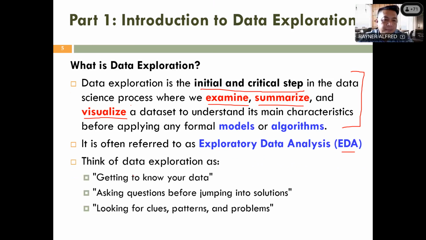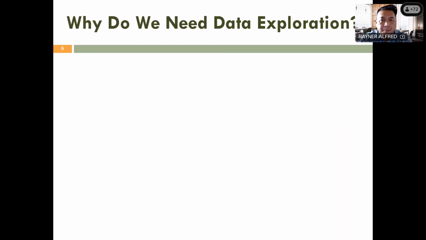Think of data exploration as getting to know your data more, understanding your data, what each column means to you, and asking questions before jumping into conclusions, because sometimes we assume the data are perfect and there is no error in the data. We can also think of data exploration as looking for clues, patterns, and problems. So why do we need data exploration?